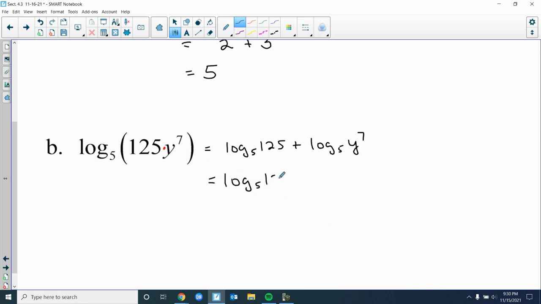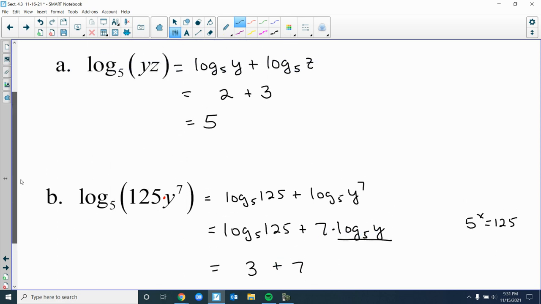Log base 5 of 125. Now, since I got this exponent, I can write that out in front and write it as 7 times the log base 5 of y. Well, when you're just left with constants, log base 5 of 125, you want to see if that can simplify. That's saying 5 to what power equals 125. That would be the third power. So that answer is a 3. Plus 7 times the log base 5 of y.